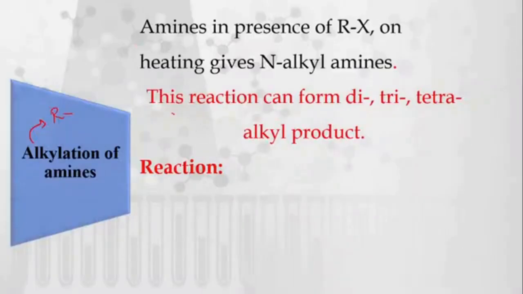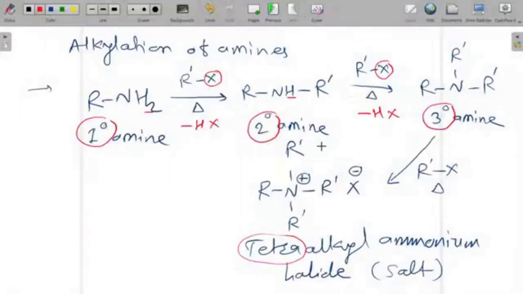According to the statement we have seen here, this reaction can form di, tri, tetra alkyl products. So this is nothing but the alkylation of amines. We consider an example for this. On the next page I am taking the example. So this is the first example, methylamine.